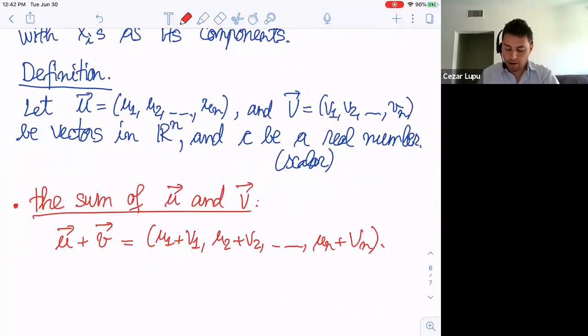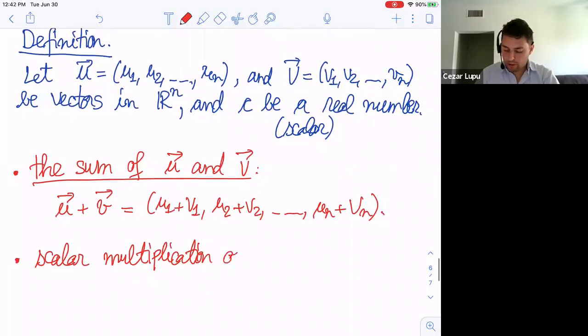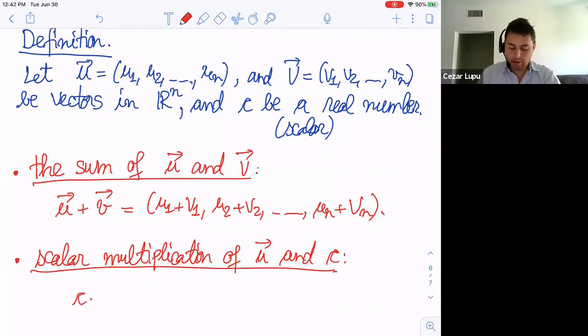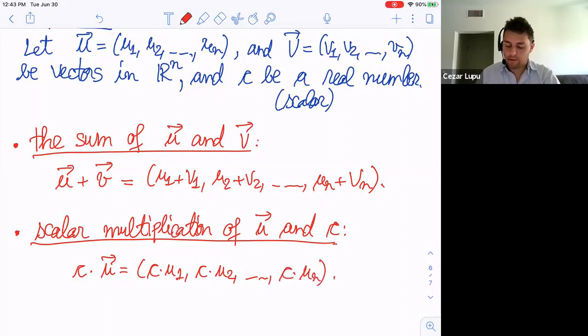And the scalar multiplication of U and C is given by the following. It's C, the scalar, times the U vector, which will be nothing else than just C times U1, C times U2, and all the way C times Un. So that's how we're going to define the scalar multiplication.